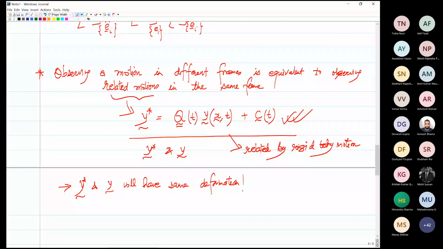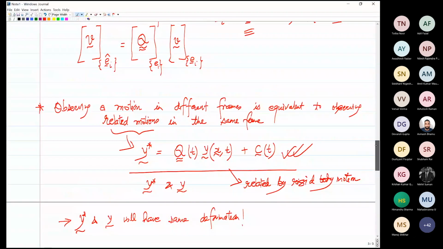And can you then say that density in y and density in y star will be same? Can you say that? Because they are related through rigid body motion. Likewise, temperature in y and temperature in y star will be same, isn't it?